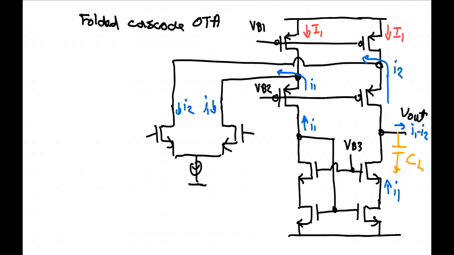So this has a consequence that if you look at the total amount of current that you have available in the op amp, very often you are restricted by how much current you're allowed to spend, battery life or whatever. Then what you normally do in the folded cascode here is that you put in not very much current over here. You put most of your current in a differential pair.